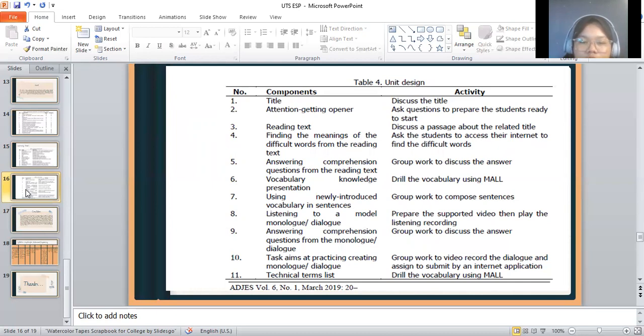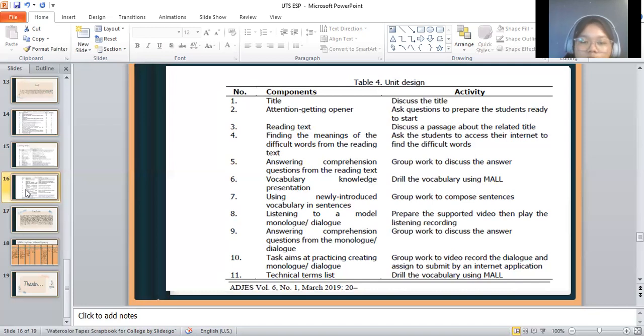Vocabulary knowledge presentation. The activity is drilling the vocabulary using MALL, and then using newly introduced vocabulary in sentences. The activity is group work to compose sentences, and then listening to a model monologue or dialogue. The activity is to prepare the supporting video that plays the listening recording, and then answering comprehension questions from the monologue or dialogue.